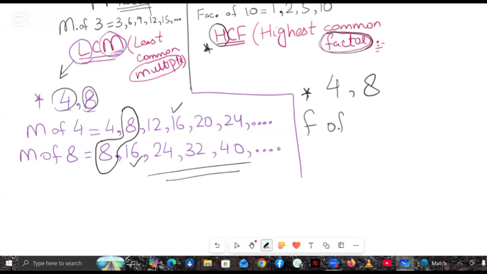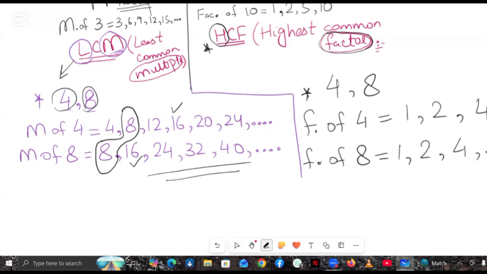Factors of 4 are 1, 2, 4. Factors of 8 are 1, 2, 4, 8. These are the factors of 4 and 8.